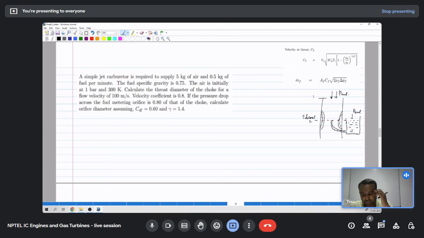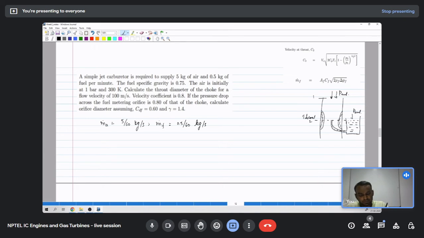Now we see a simple jet carburetor which is required to supply 5 kg of air and 0.5 kg of fuel per minute. So that is m dot A is 5 by 60 kilogram per second, and similarly m dot F is 0.5 by 60 kilogram per second.